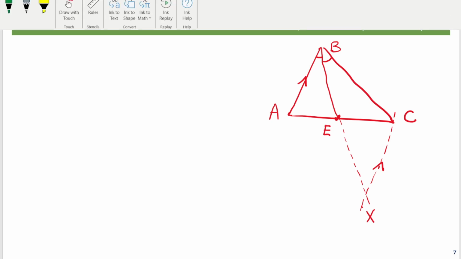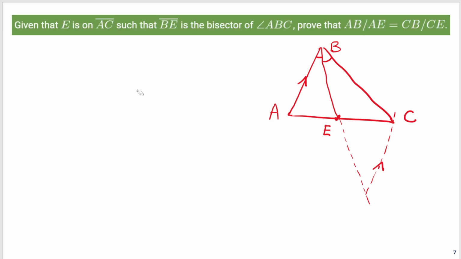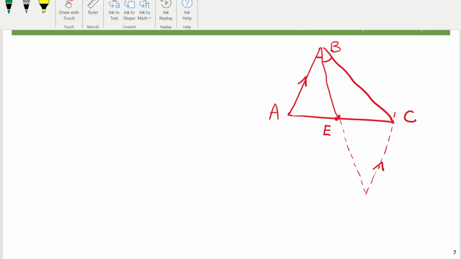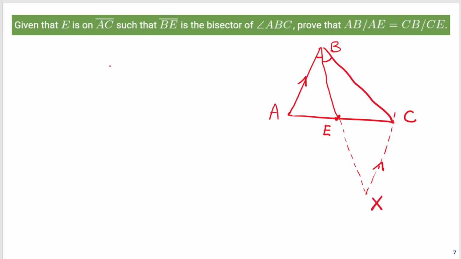Let's call the intersection point here X. This is doable, right? And then we know, because CX is parallel with AB, this angle here must equal this angle here, angle ABE equals angle CXE. Then can you find any similar triangles now?